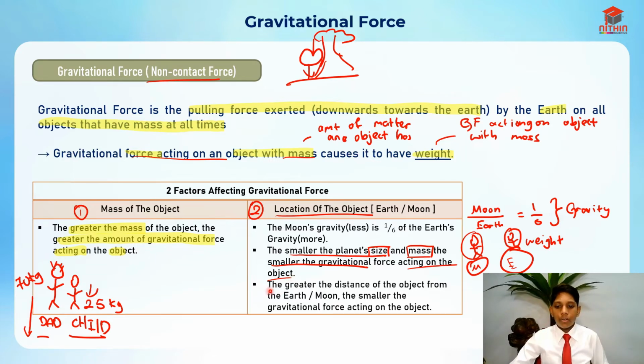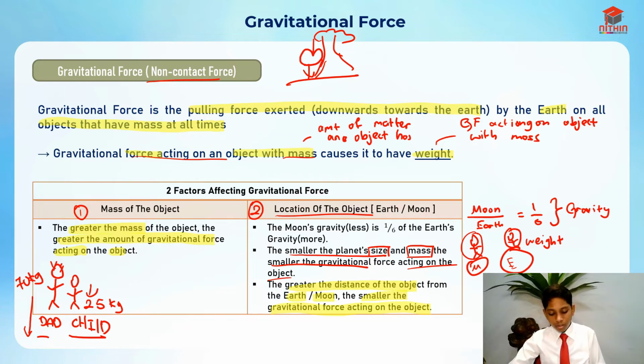Next, the greater the distance of the object from the Earth or moon, the smaller the gravitational force acting on the object.